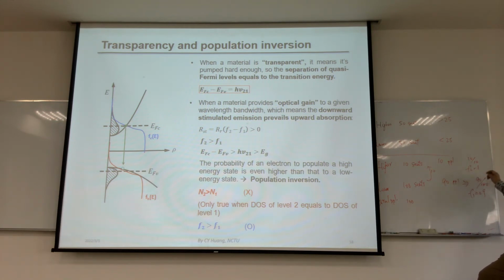Then F2 is larger than F1, and it will still undergo optical gain. You don't really need to pump half of your carriers from the low level to the high level. So this material could remain stable under a strong non-equilibrium state, or under a population inversion.